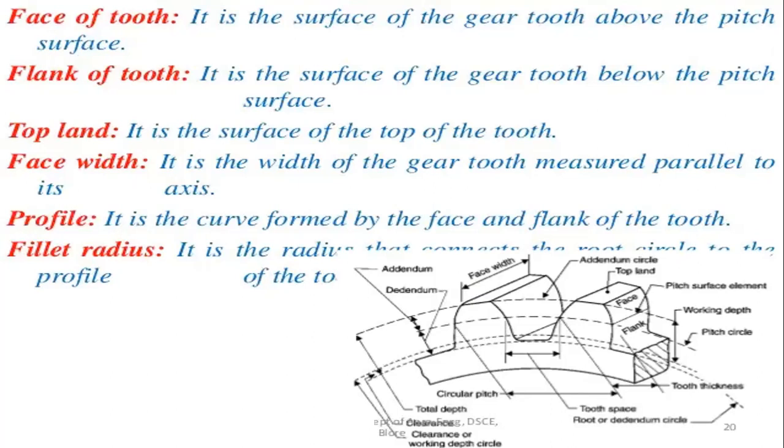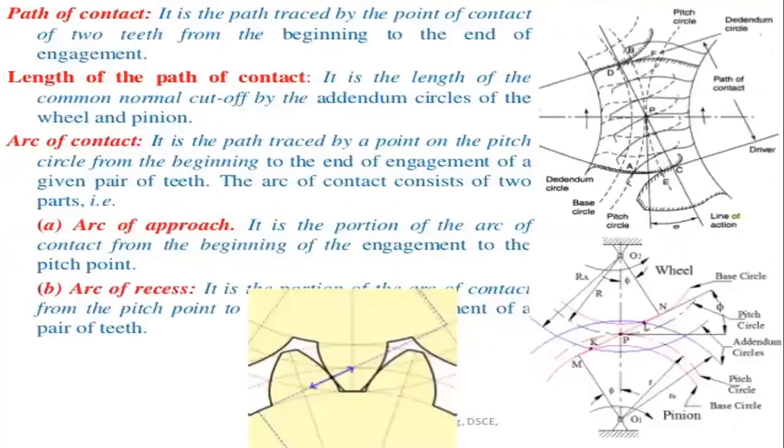Next one is the fillet radius. It is the radius that connects the root circle to the profile of the tooth. So that is called the fillet radius.